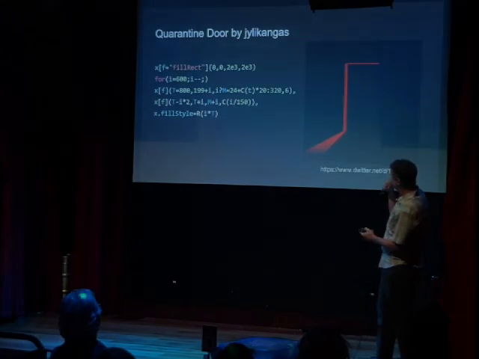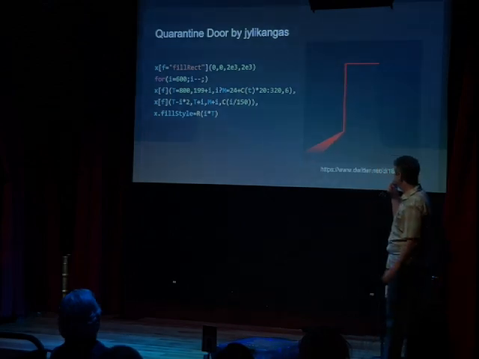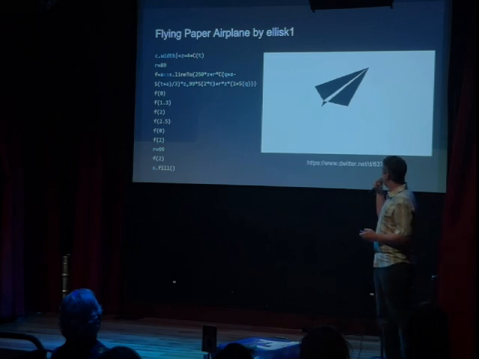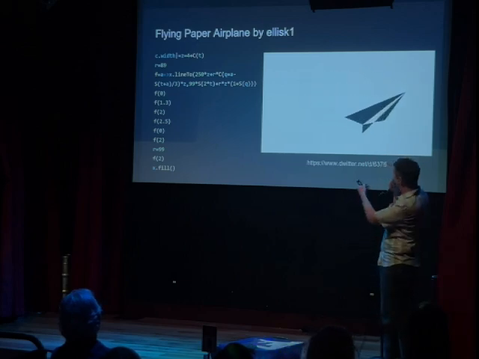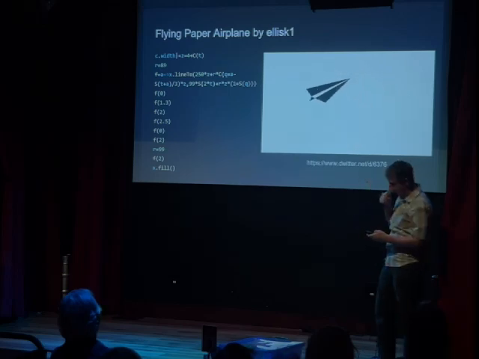Quarantine Door by Yanni. Well, here's another concept altogether where it's more of an illustrative piece, it's almost like a movie poster or something, just a cool, creepy concept. And here's one that's a flying paper airplane. This one creates a line2 function, and then this f function, and it just calls it a whole bunch of times.